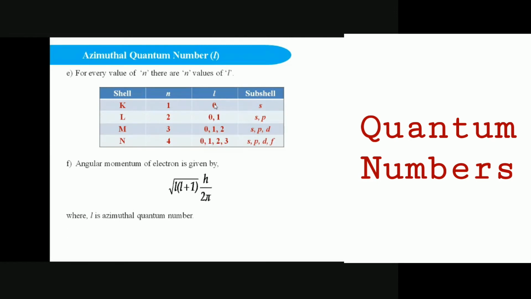So by the azimuthal quantum number we can determine the subshell number, the number of electrons in a subshell, and the angular momentum. We can draw this information from the azimuthal quantum number.